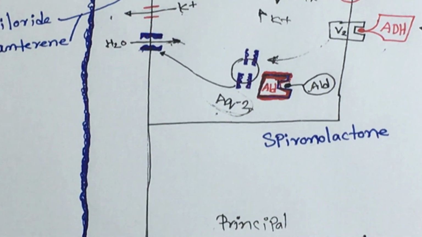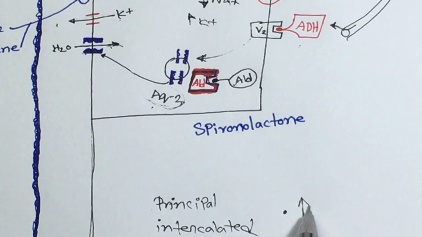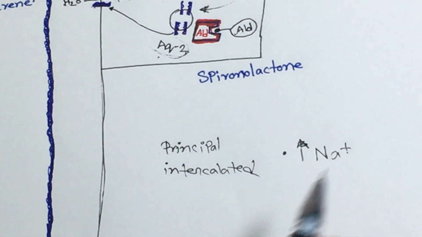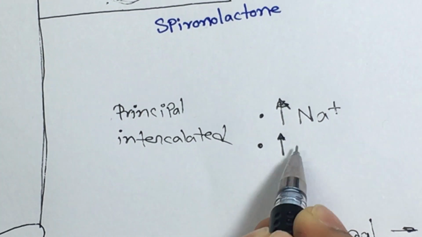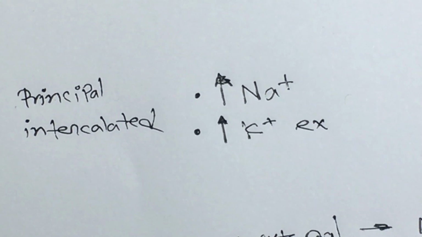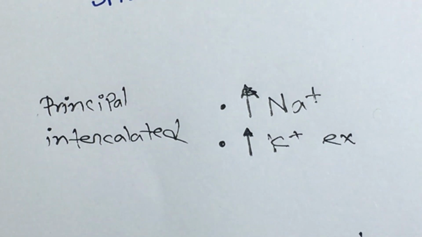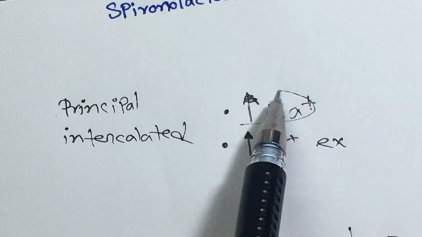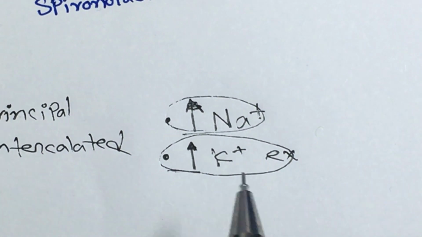In a nutshell, aldosterone's action is to increase sodium reabsorption and to increase potassium excretion. So again, what is the action of aldosterone on this receptor, on this cell? Its function is to increase sodium reabsorption and potassium excretion.